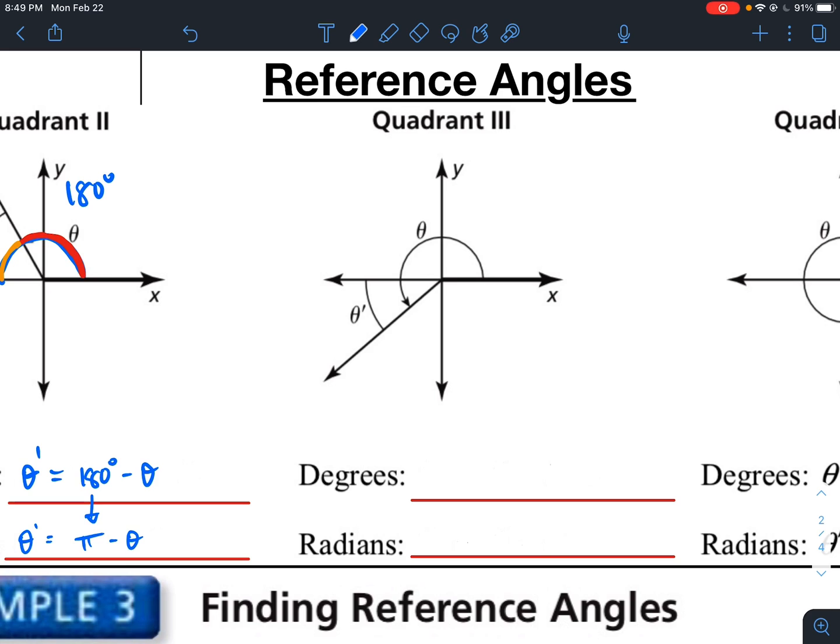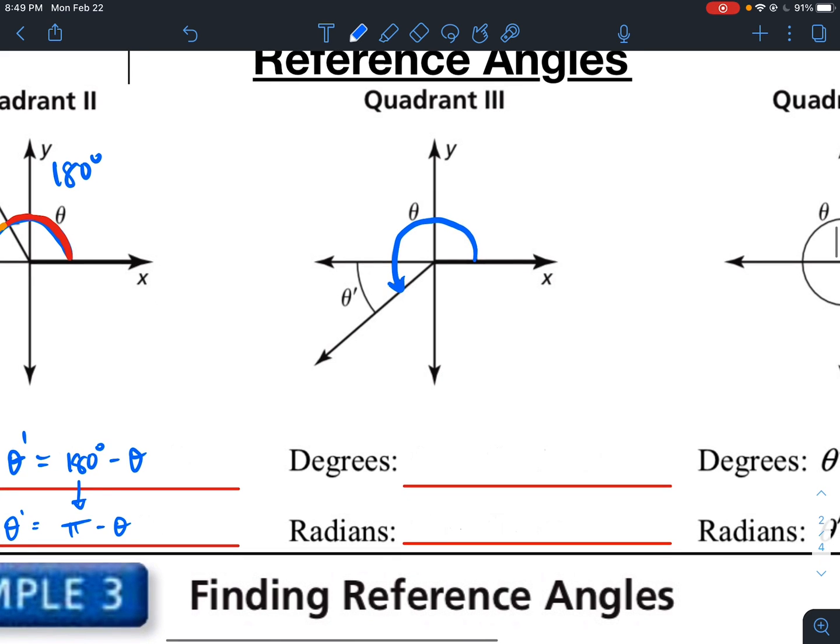Here, we notice that this extends beyond 180 degrees. To find the reference angle in degrees and radians, it is equal to theta minus 180 degrees.